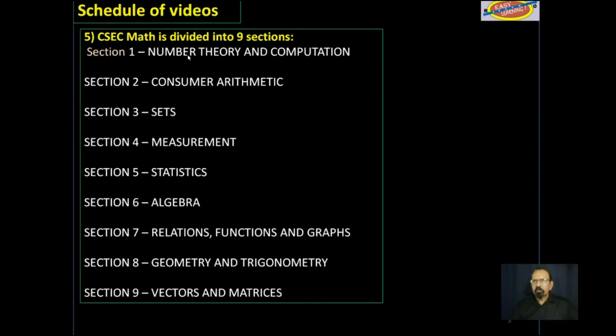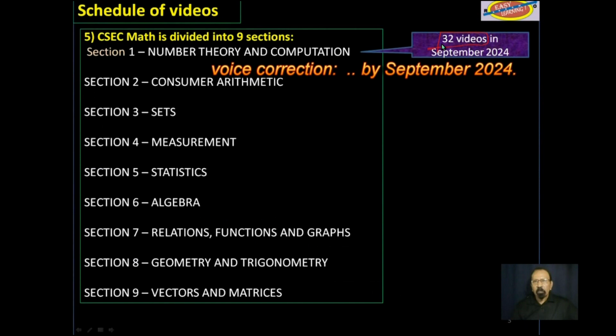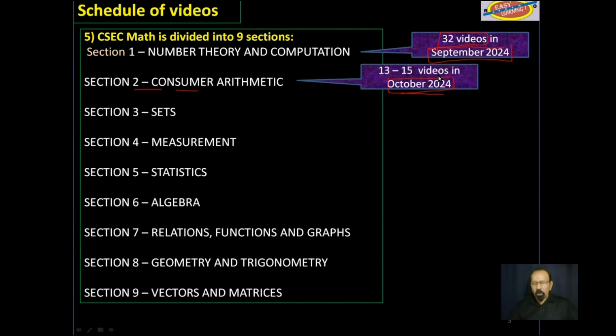Schedule of videos. I had originally said that I hope to have all 32 videos in this section published by September 24th, but right now I'm running a little late on this schedule. Hopefully by the time we finish section 2, October 2024, we will be back on schedule.